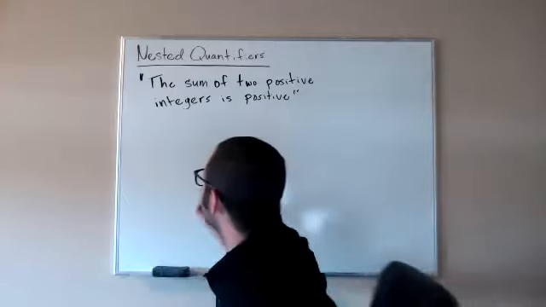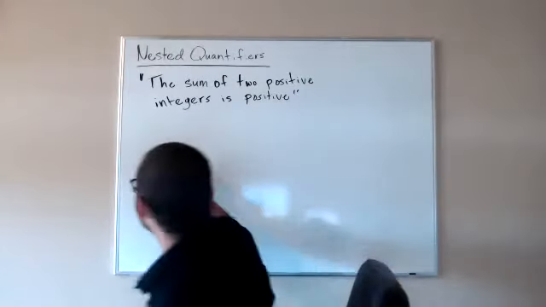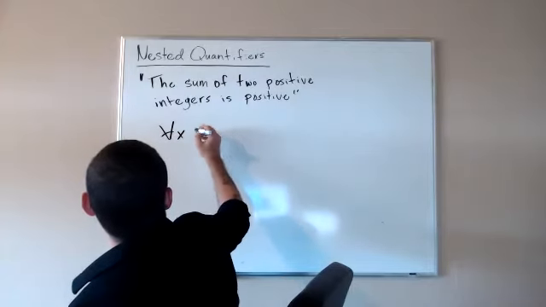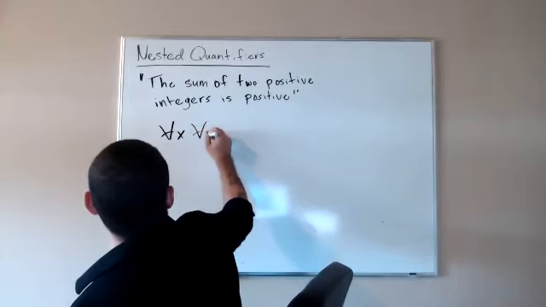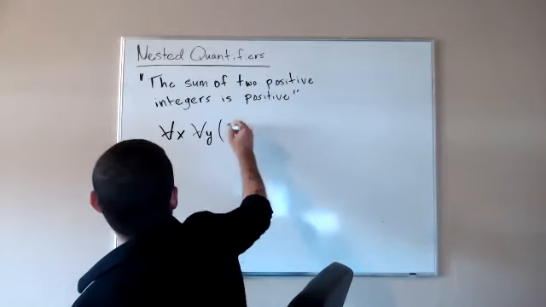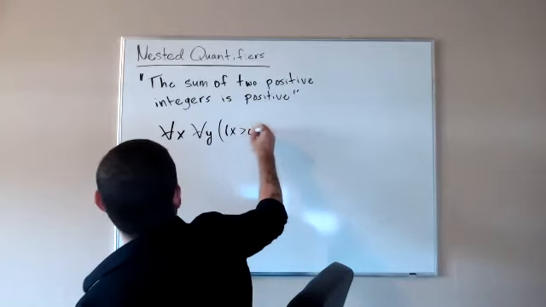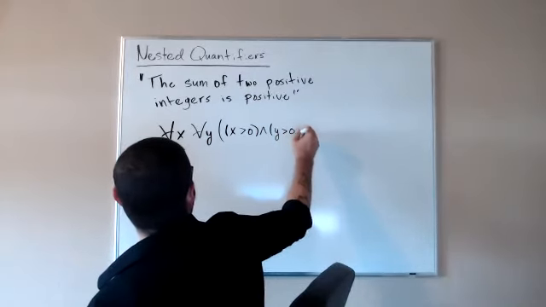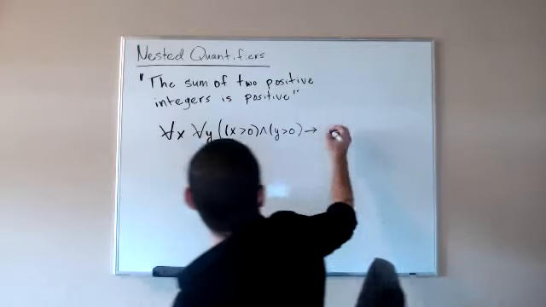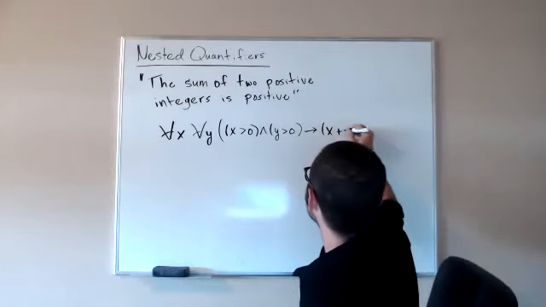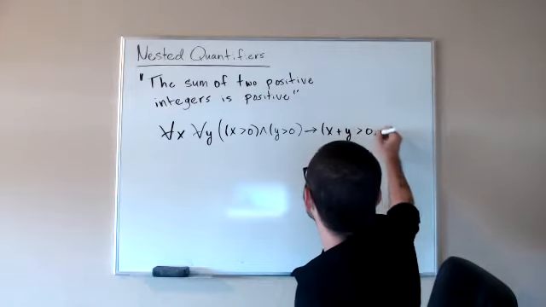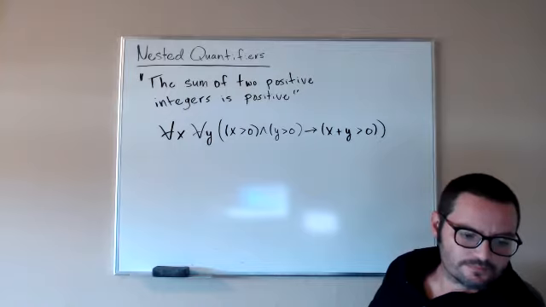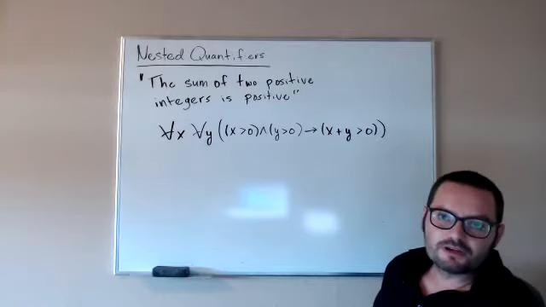One way would be: for all x, for all y, if x is greater than 0 and y is greater than 0, then x plus y is greater than 0. That's one way to write it.